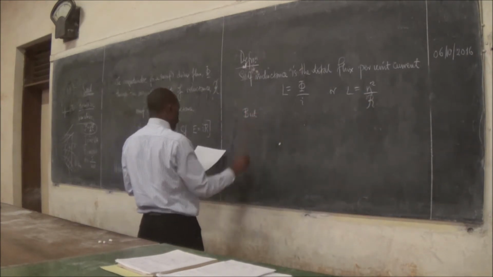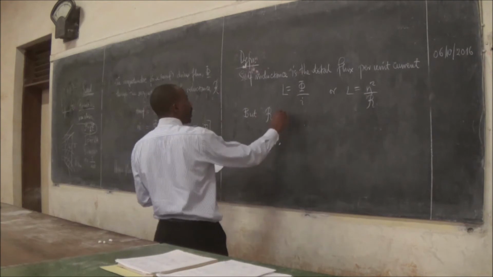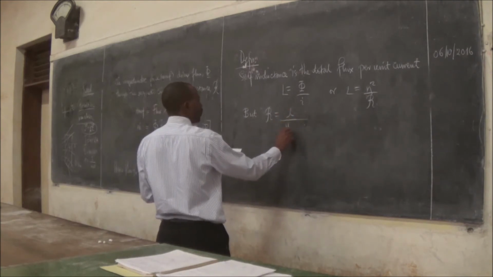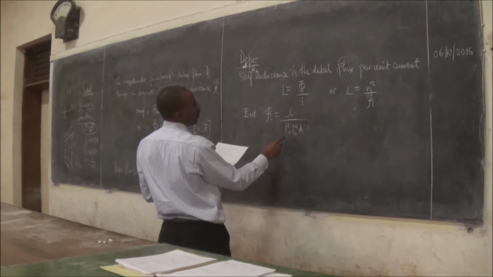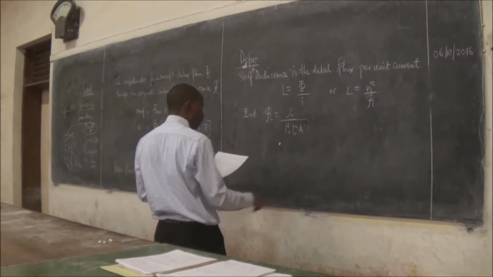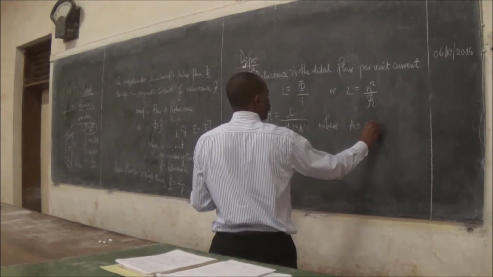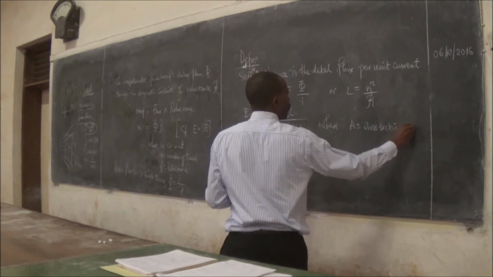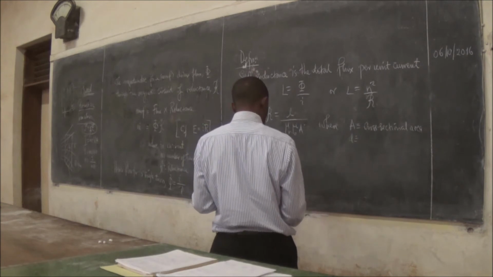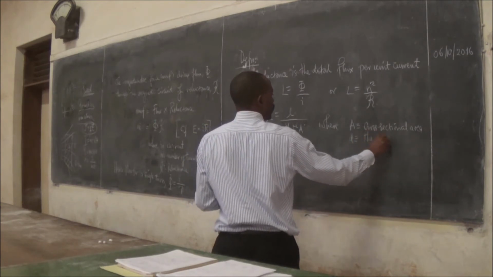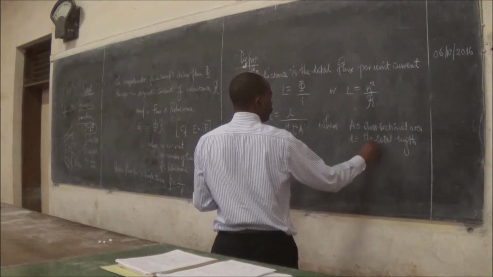But we have that reluctance R is equal to L over mu times the area, where mu is mu R times mu naught, where A is the cross-sectional area and L, I've already said, is the total length of the flux path.